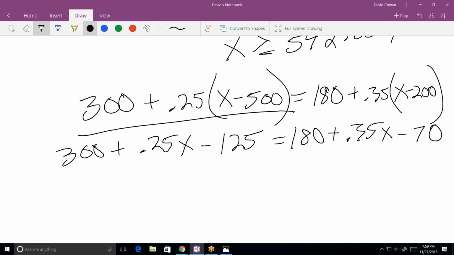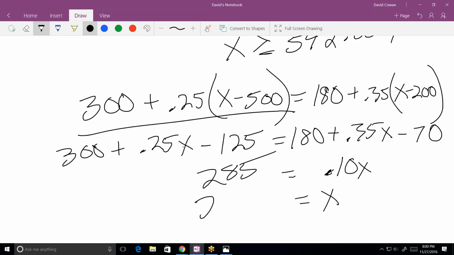Now, if I move my variables to the right, I get 0.10x. Move all my numbers to the left. Got 110 over there. I got 175 on the left. That's 285. X is equal to 2,850 miles?